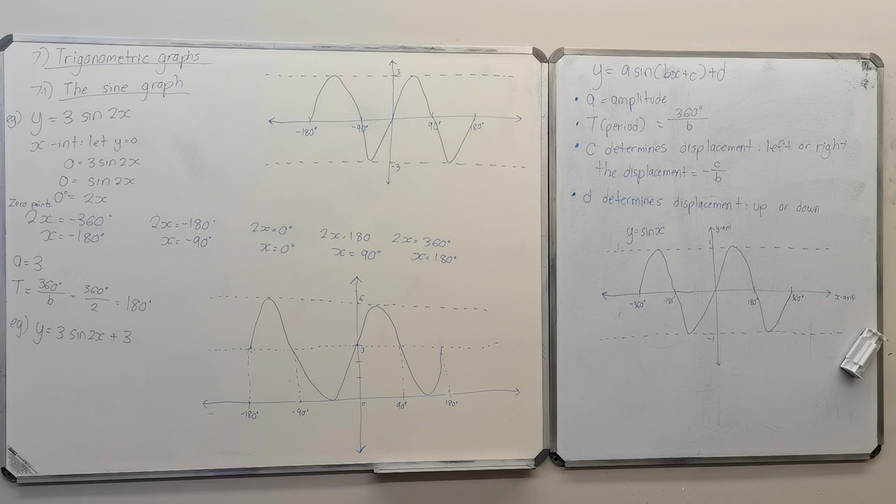Even looking at your phase shift in the next one. If you look at y is equal to 3 sine 2x plus 10, on page 152, you're going to work out the phase shift: minus 10 over 2, which is minus 5 degrees.